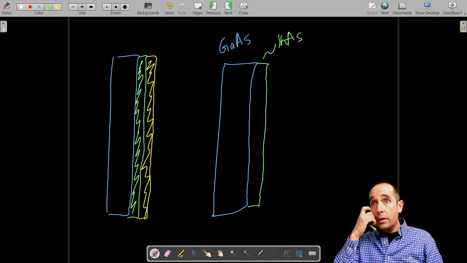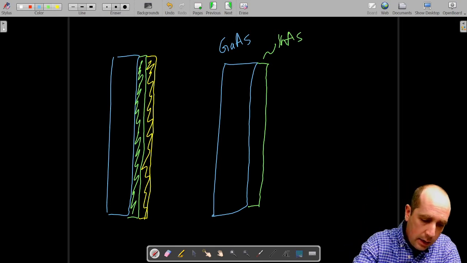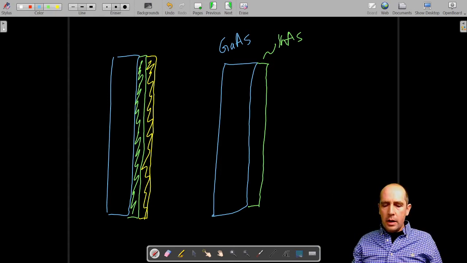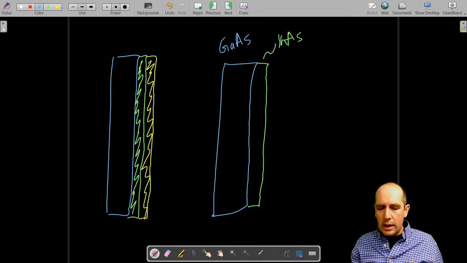Gallium arsenide has a broad band gap. So the band gap is about 1.42 electron volts, and indium arsenide is much smaller. It's in the order of 0.3 electron volts.